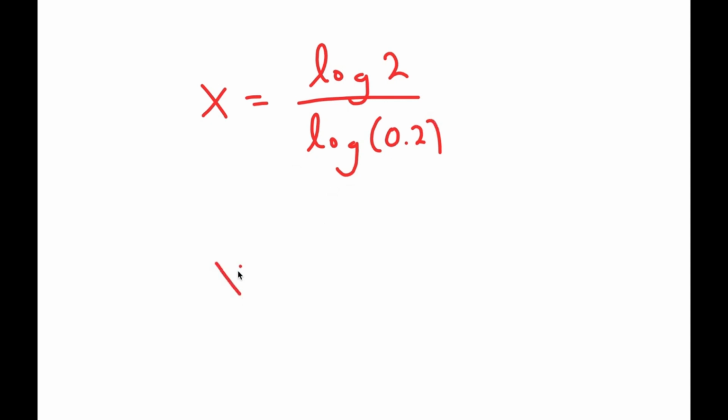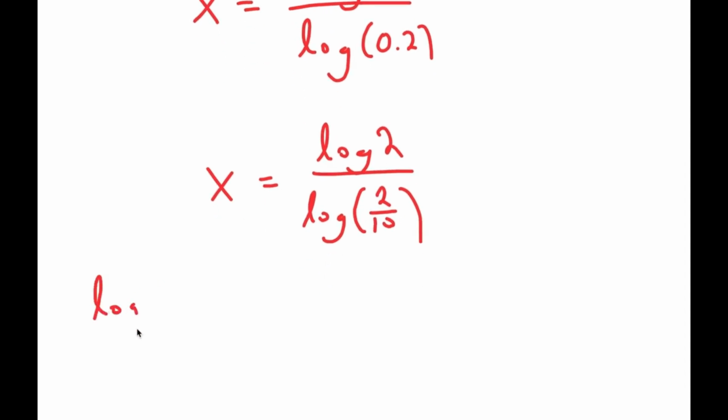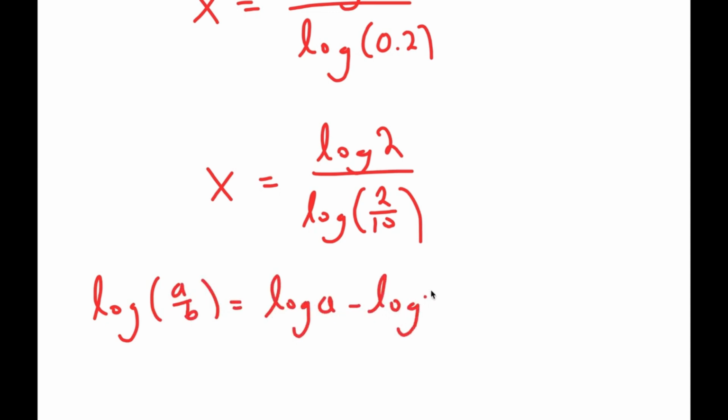Now log of 0.2, this turns into log of 2 over 10. And if I have something in the form log of a over b, this is equal to log a minus log b.